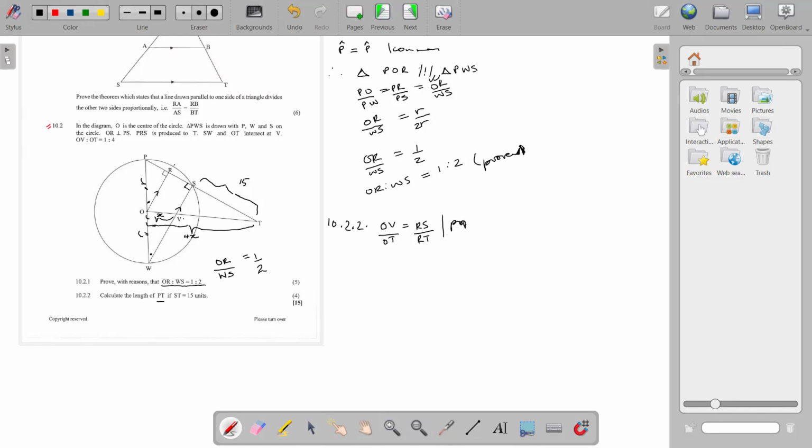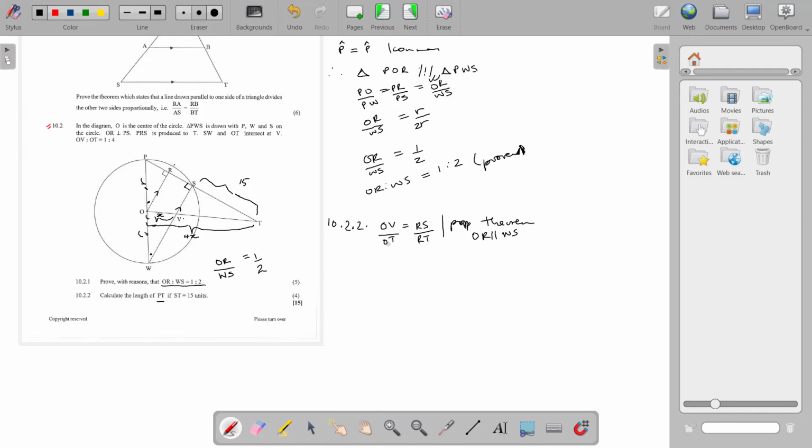Prop theorem. Prop theorem, which sides are parallel? It has been proven earlier that OR is parallel to WS. It has been proven earlier.